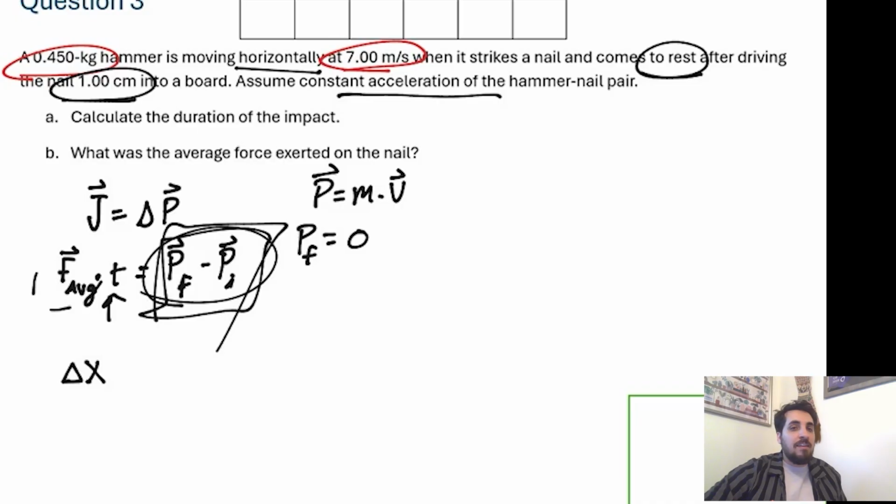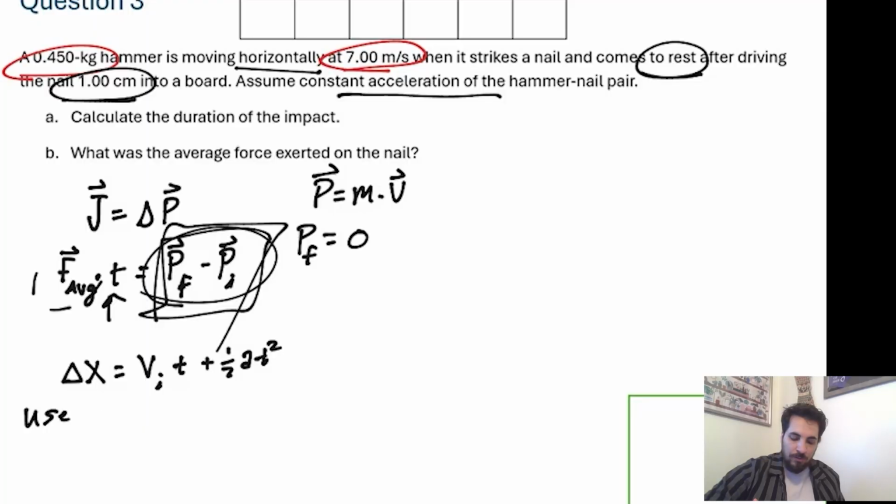Delta x, the distance you travel horizontally, is equal to your initial velocity times time plus 1/2 the acceleration times time squared, right? This is useful because this applies for constant acceleration. Now, this particular equation is not as useful because you don't have acceleration, you don't have time, too many unknowns. So you look through your other kinematic equations. You will find a kinematic equation that will allow you to solve for time.